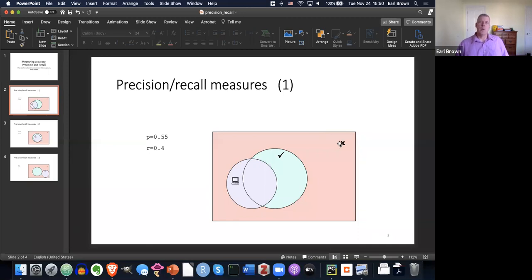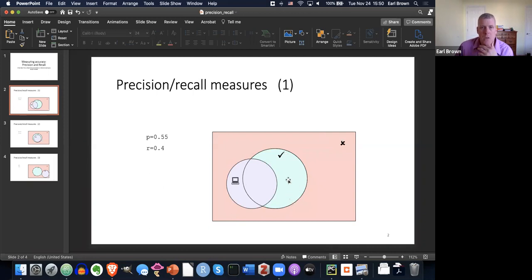When you search for something in a large amount of information, what you get back is the smaller purple circle with the computer icon. The larger green circle with a check in it is what you should have gotten.